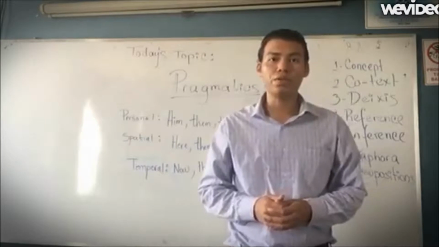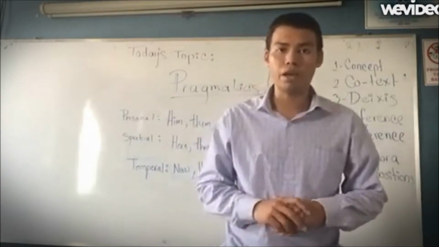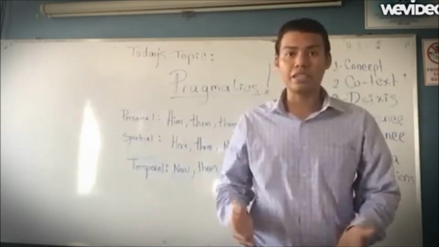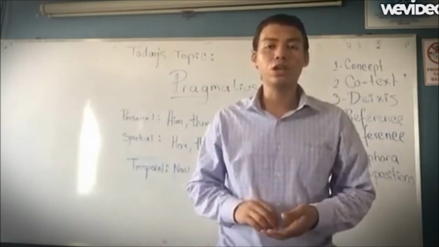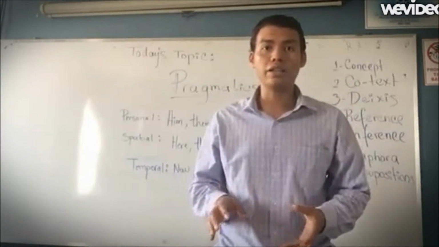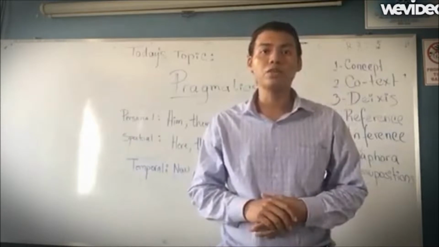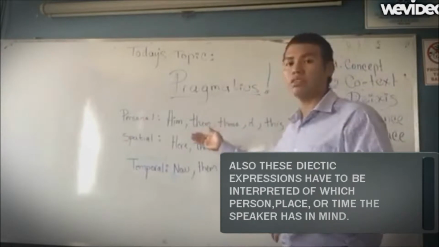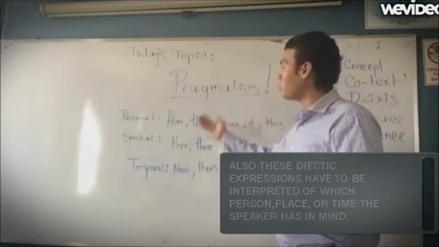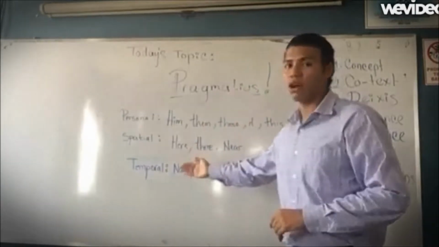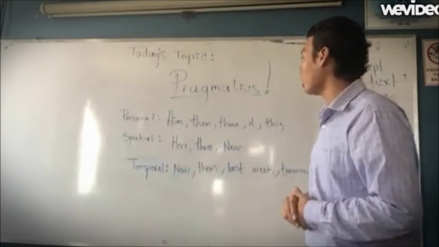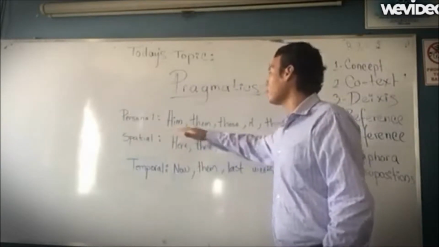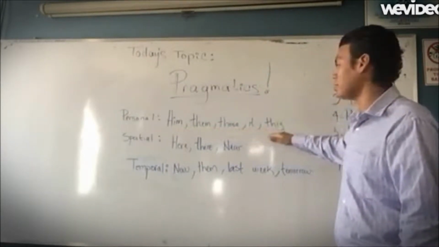Okay, we are going to continue with another part of pragmatics: deixis. But what is deixis? Deixis is used to point to things, places, or times, and it is divided into three types: personal deixis, spatial deixis, and temporal deixis. In personal deixis we have words like I, you, he, she, it, this.